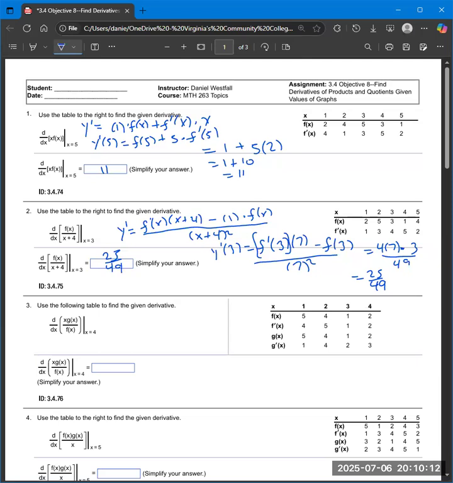Derivative of the top is a product. So that's going to be g of x plus x g prime of x times the bottom minus derivative of the bottom times the top all over the bottom squared at 4.